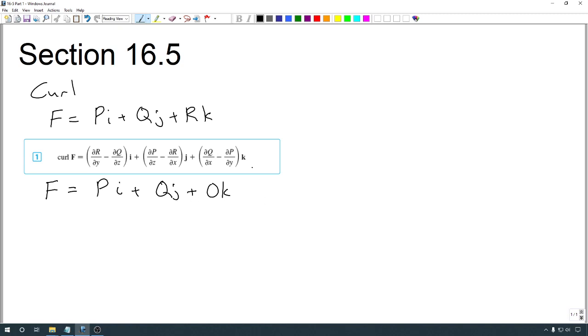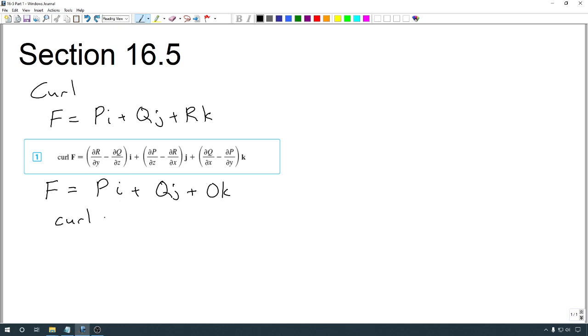Since the R here equals 0, then dR/dy and dR/dx are both 0. And since P and Q are not made to depend on z, then dQ/dz and dP/dz are both equal to 0. So the curl of this vector field is just going to be this third component.